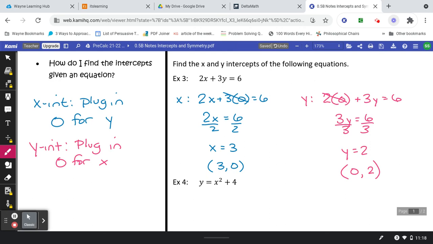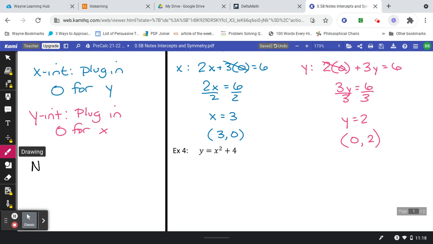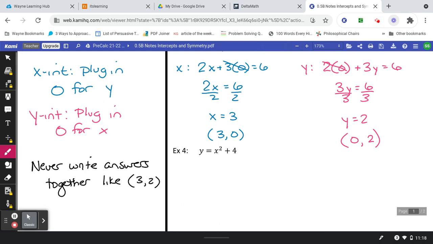You do not want to bring them together. Your intercepts must have a 0. So let me write off to the side so we don't forget: never write answers together. Like you never want to write 3, 2. You want to keep 3, 0 and 0, 2 as 2 separate answers.